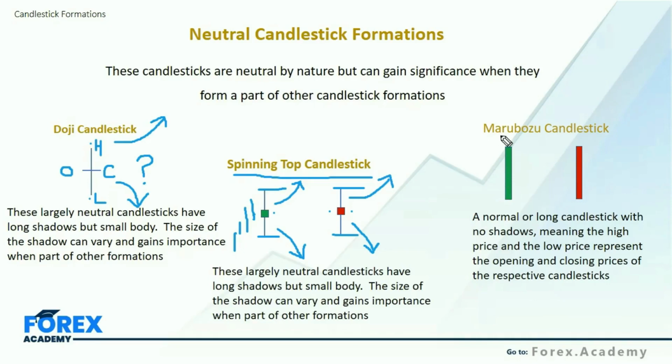So moving on then to Marubozu candlestick formations. As opposed to a doji candlestick where the high, the low, the open and the close are exactly the same, the opposite of that would be a Marubozu candlestick where the open and the low price, and the close and the high are the same.